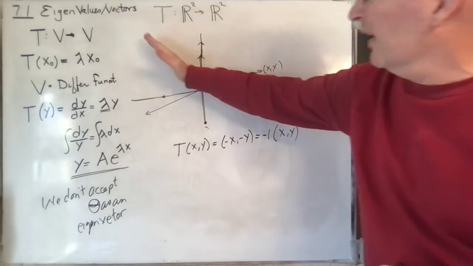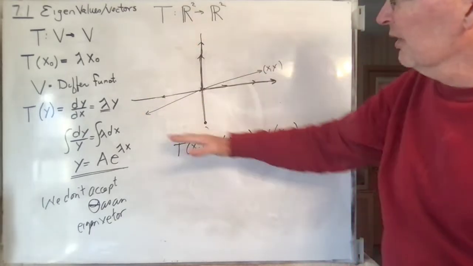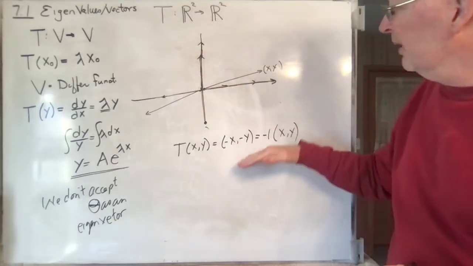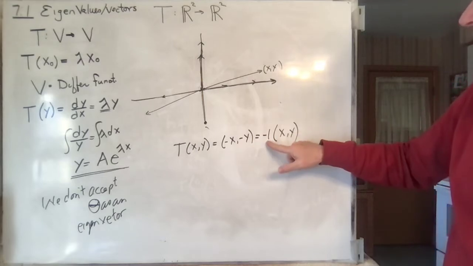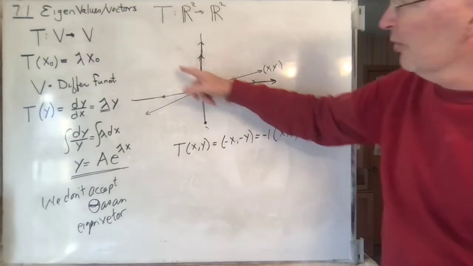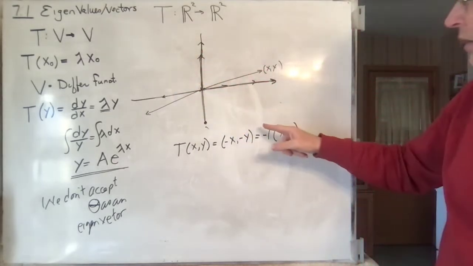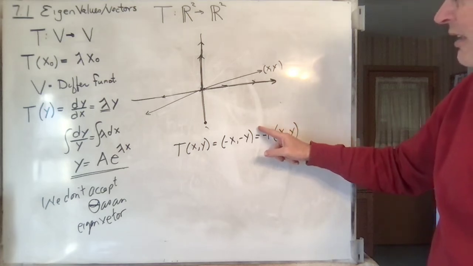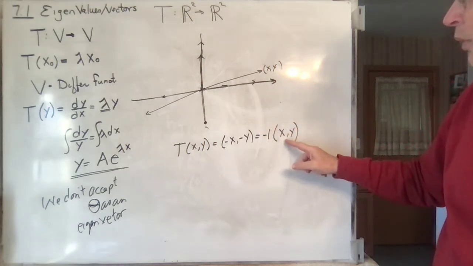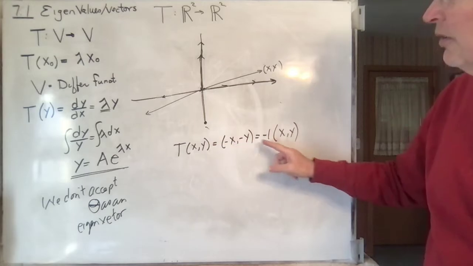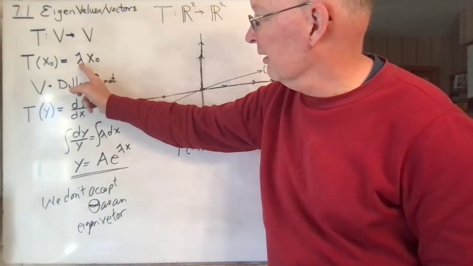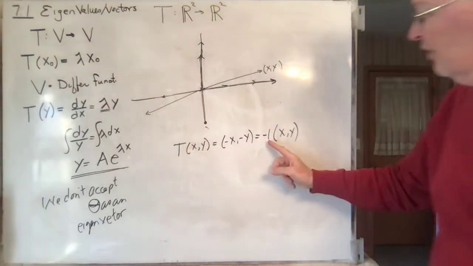So any vector in all of R2 is going to be an eigenvector with the eigenvalue being negative 1, because no matter where you start, by the time you stick it into T, you're going to get negative 1 times the one you started with. See that?